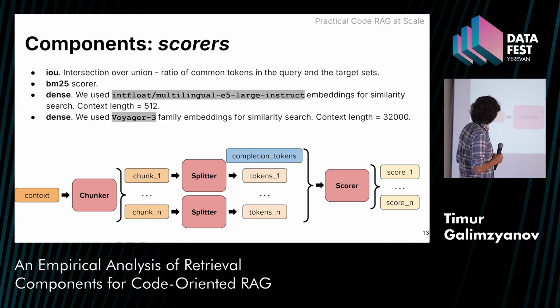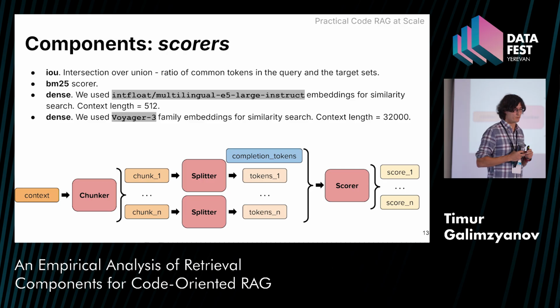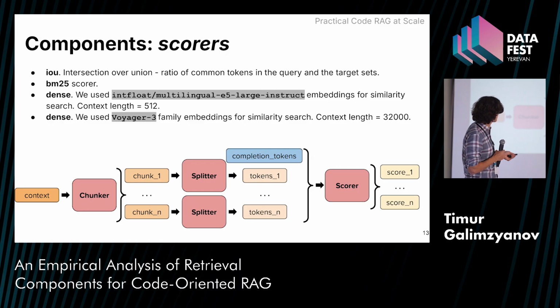And also we used dense embedders, so you can map your chunk using an LLM into some vector, and then just calculate the distance between these vectors. The closer the vectors are, the closer your query is to the chunk. We used two dense models.